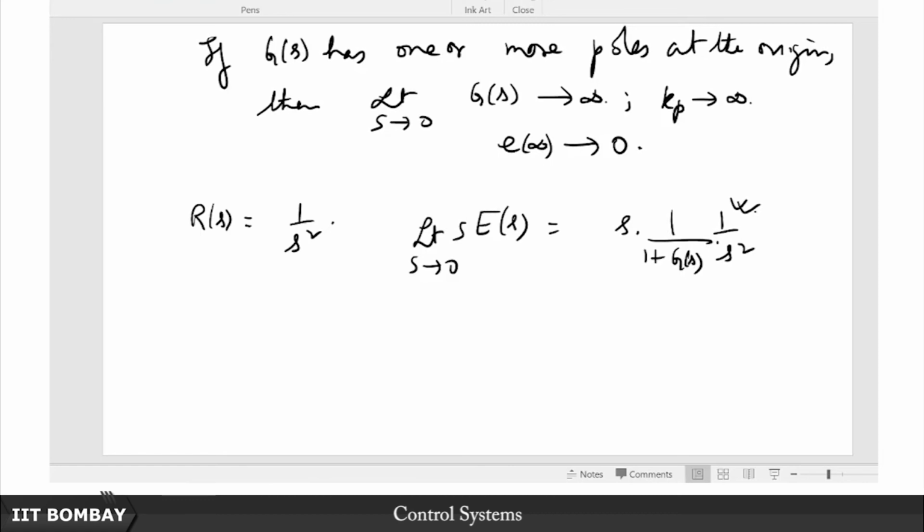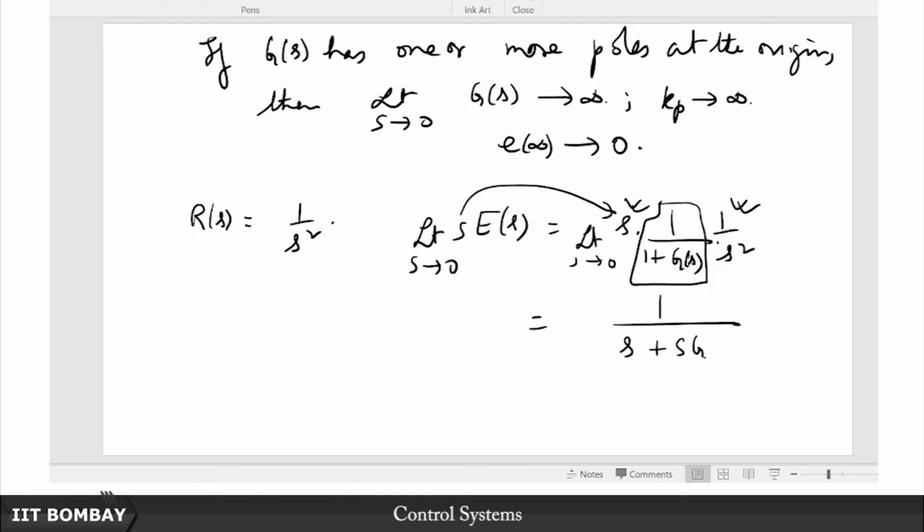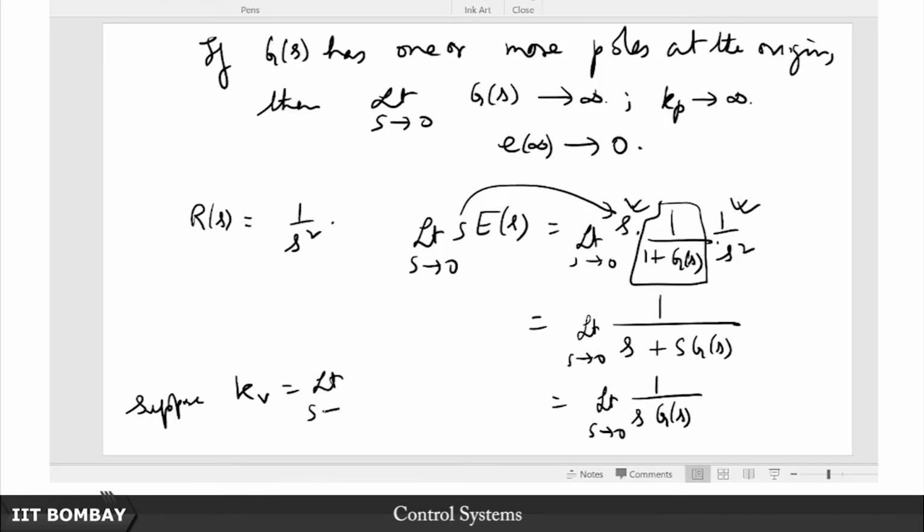Do check, this is coming in because of the R(s), this is coming in because of the final value theorem statement here, and this is of course the sensitivity function. So now what we have is 1 upon, with limit s tending to 0, s plus s G(s), which is equal to 1 upon limit s tending to 0 of s G(s). So suppose we name this as Kv, Kv is equal to limit s tending to 0 of s G(s).